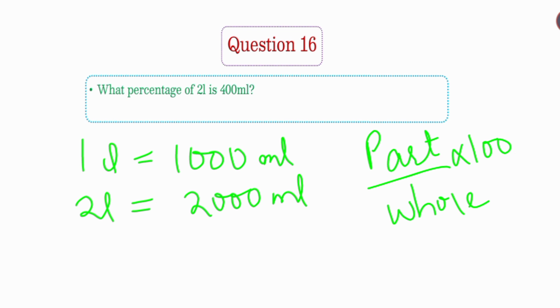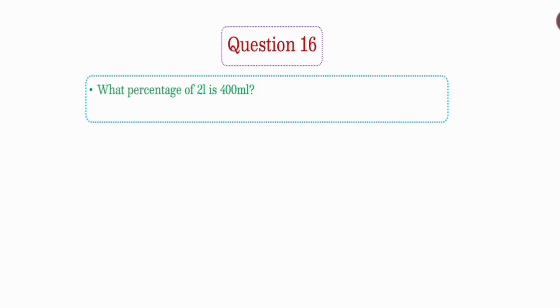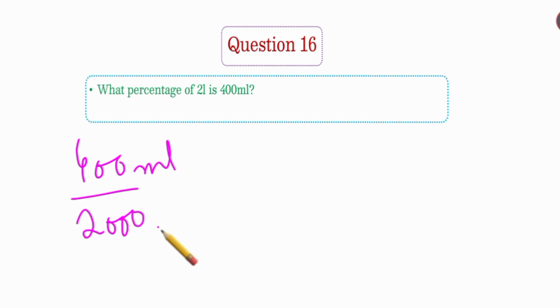Here the part is 400 milliliters, and the whole is 2 liters. So we do 400 divided by 2,000, 400 milliliters divided by 2,000 milliliters, times 100.